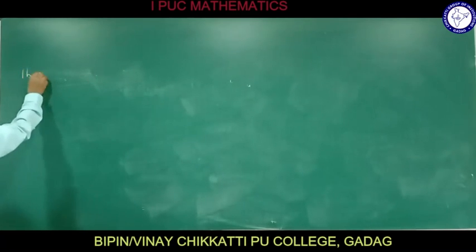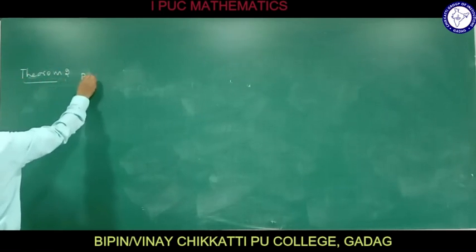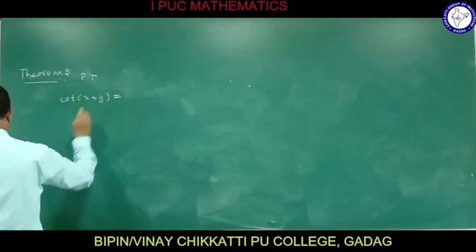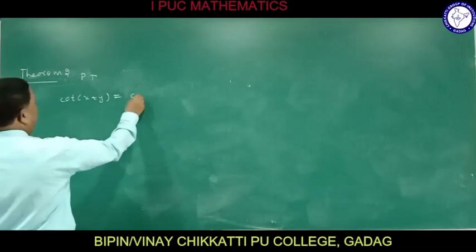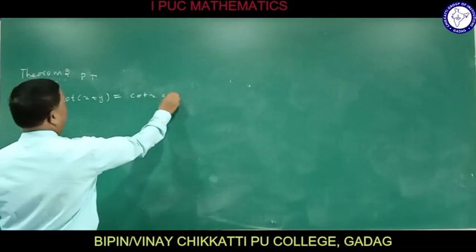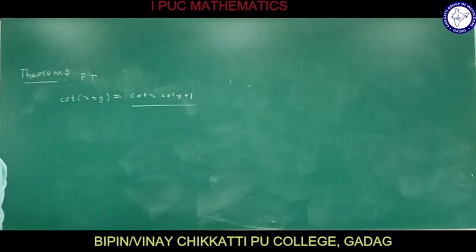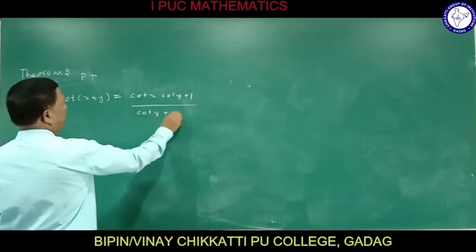See carefully how we prove that cot of x plus y, like the previous one, is cot x cot y minus 1 divided by cot y plus cot x.